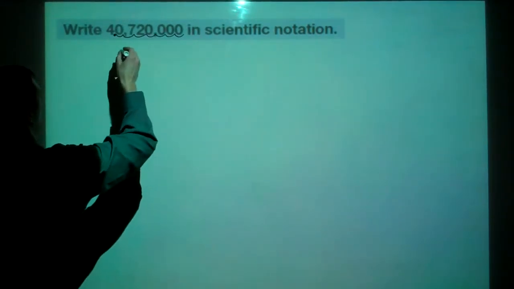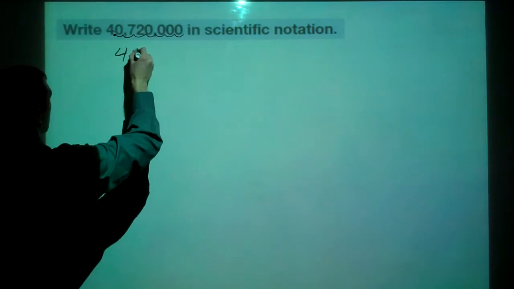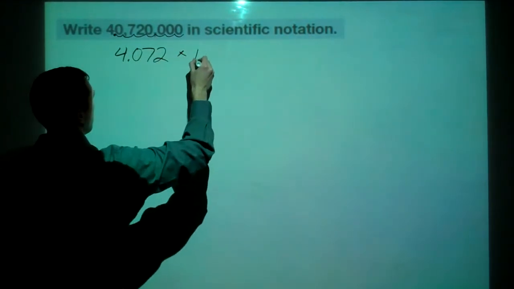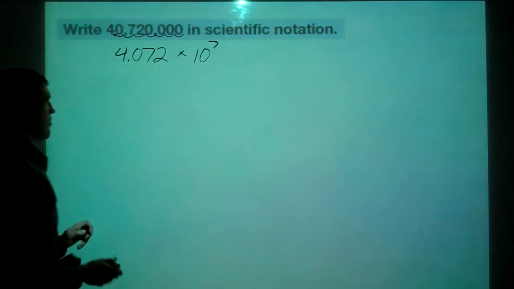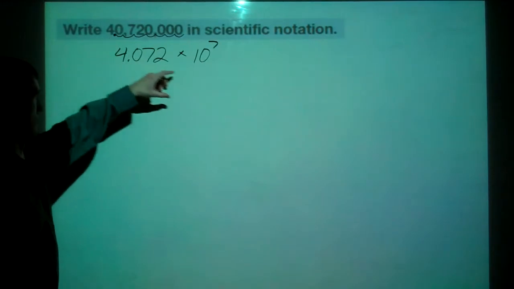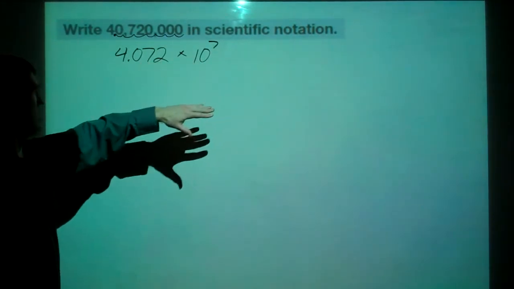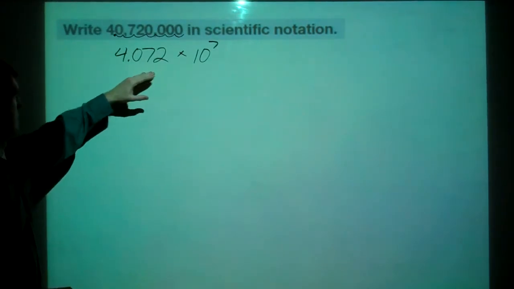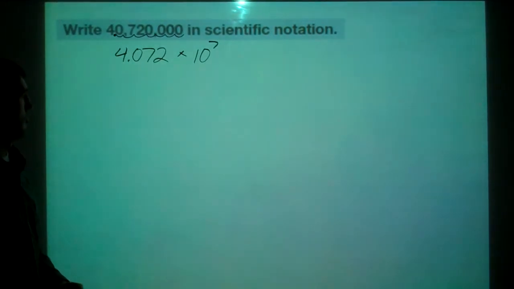Alright, so this would be 4.072 times 10 to the 7th. Because in order to change this back into this, we'd have to move our decimal 7 places to the right. Okay? And is everything okay here? Yes, this number is less than 10 but greater than 1. And we have it multiplied by a power of 10.